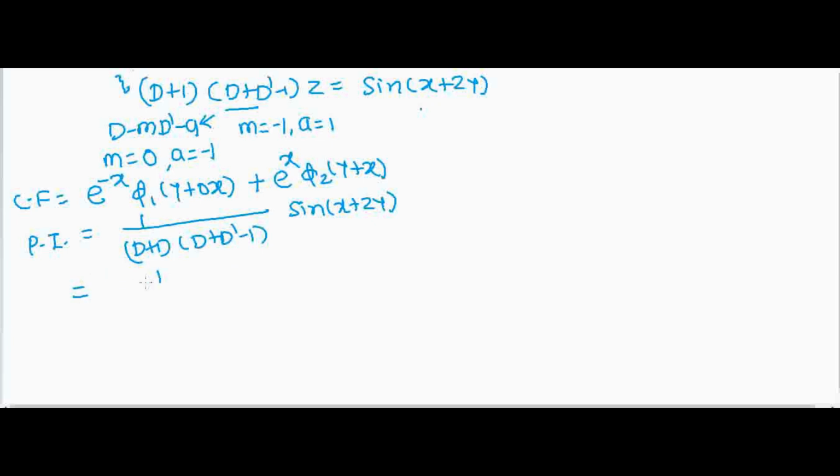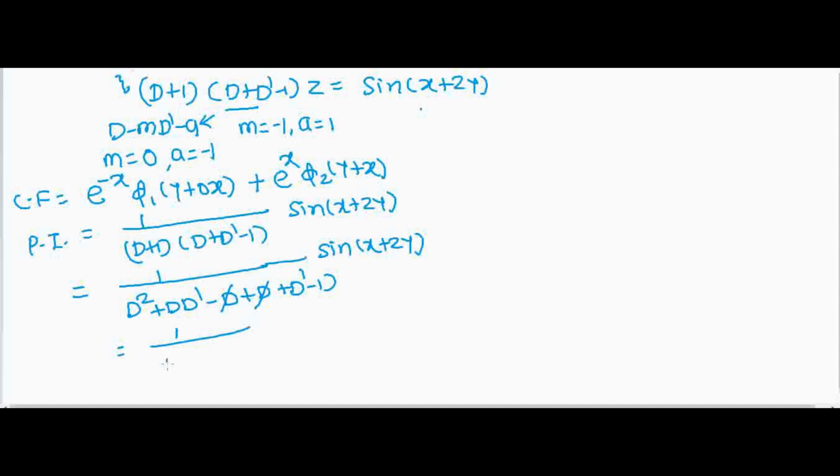Therefore, first we multiply these two factors, D square plus D into D dash minus D plus D plus D dash minus 1, and then let us operate this on sine of x plus 2y. Plus D minus D will get cancelled, and we have here 1 divided by D square plus D into D dash plus D dash minus 1 into sine of x plus 2y.